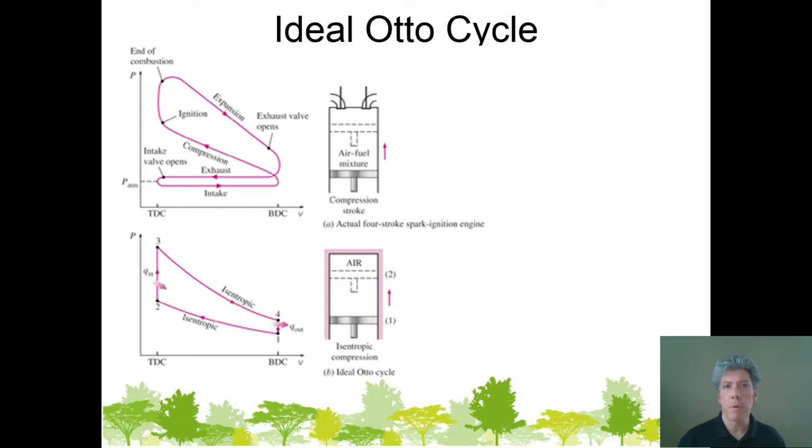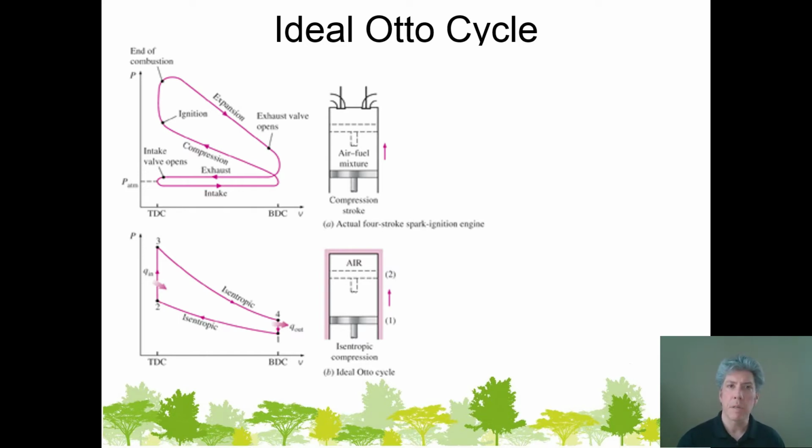And so it seems unfair to say that we're going to call this reversible. Well, again, remember, we're pretending the potato is a sphere of water. We're idealizing things so that we can actually analyze it. The other piece to making this isentropic is that there can't be any heat transfer. And you might say, well, in a real engine, if you don't have heat transfer, the engine's going to melt down. That's true, but think about the amount of heat that's lost from one charge of air as it's compressed.